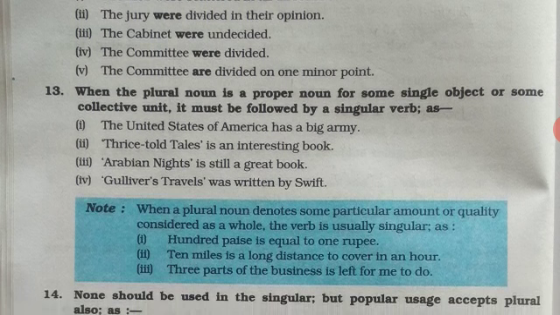Now rule number 13. When the plural noun is a proper noun for some single subject or some collective unit, it must be followed by a singular verb. For example, see here, the United States of America, plural है लेकिन singular के लिए address किया.